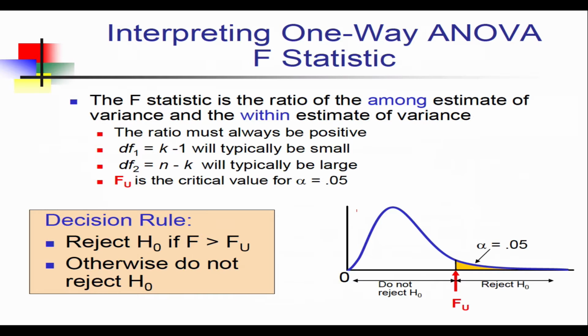So after you determine it based on this alpha, N and K, which tells you the two degrees of freedom for this F statistic, you can get the exact value of FU for the 5% significance level. Then on the right upper tail, you define the rejection region.